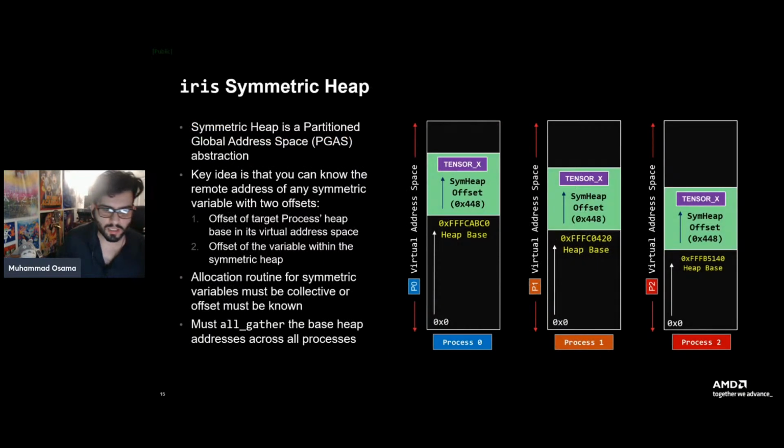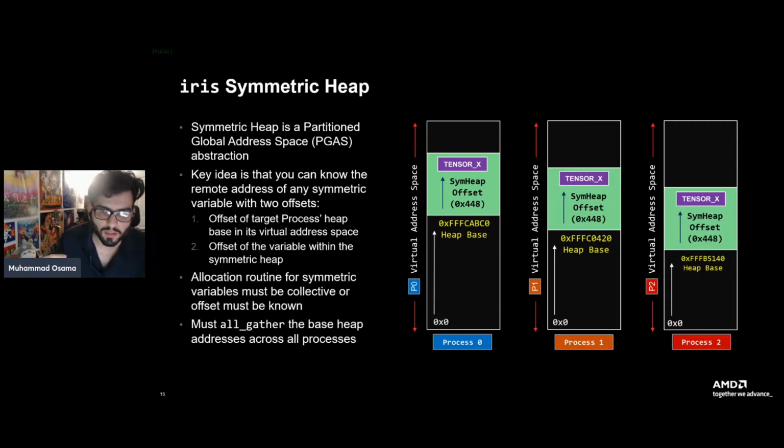So the core of Iris's implementation is built upon the idea of a symmetric heap. A symmetric heap is a PGAS, or partitioned global address space, abstraction, where the key idea is that you create one symmetric heap across all of your GPUs, where you know a certain offset of the heap bases, and there are two offsets that you have to keep track of.